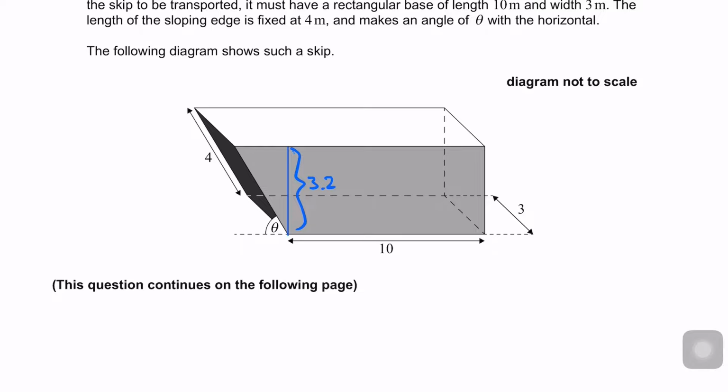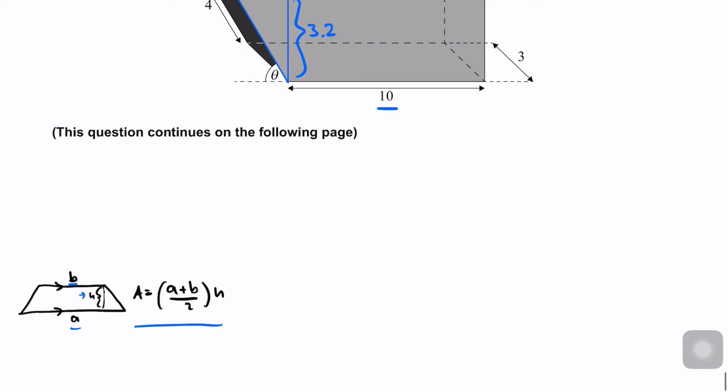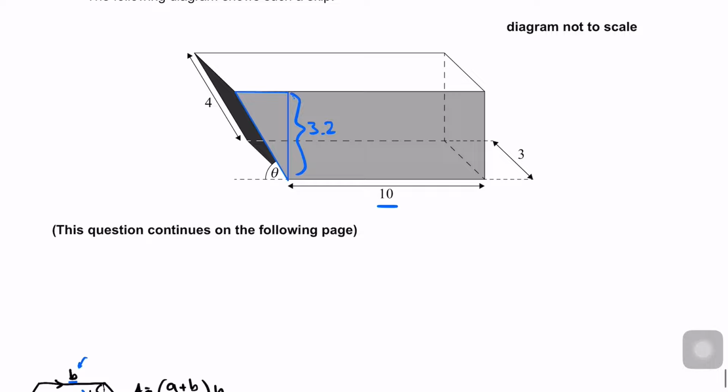All right, let's see. Once again, we're dealing with this right angle triangle. We know for a parallelogram, it's going to be the top, so these two horizontal lines, A and B. We know 10 is here, and we know there's going to be 10 right here, but the question is, what is the total length of the top of this skip?